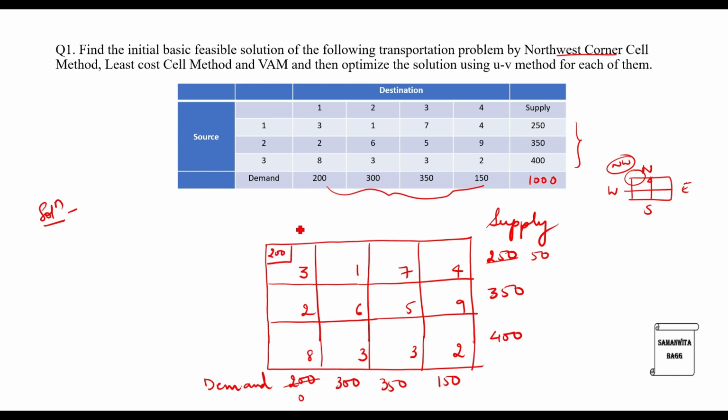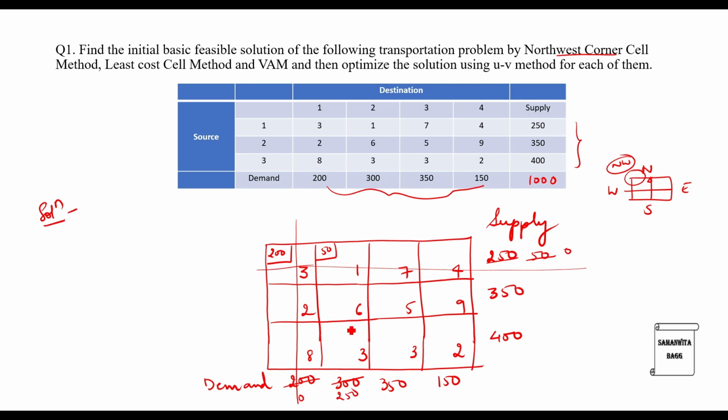Now since this has become 0, you will cancel out this corresponding column. If this would have been 0, I would have cancelled the corresponding row. Now next, the northwest cell is this one. The supply is 50, demand is now 300. So maximum that we can supply is only 50. So this will become 0 and this will become 250. Now since this is 0, this row is going to get cancelled.